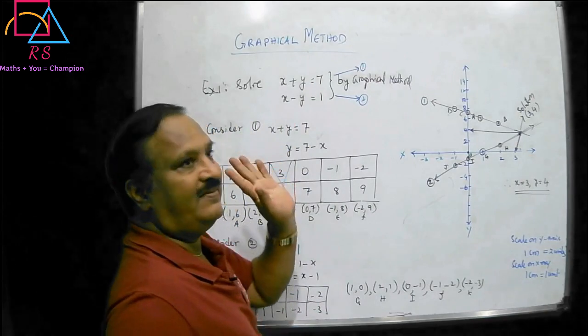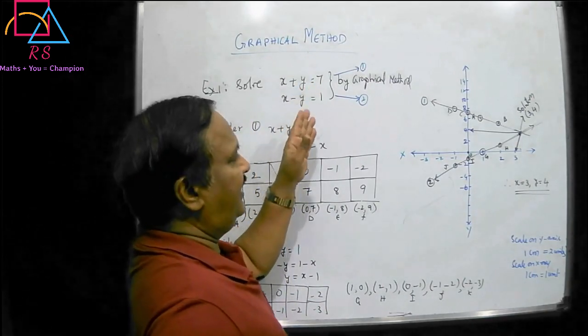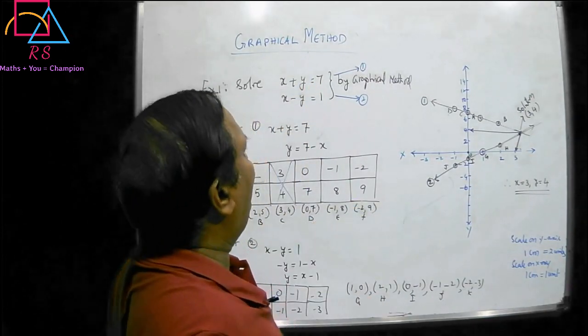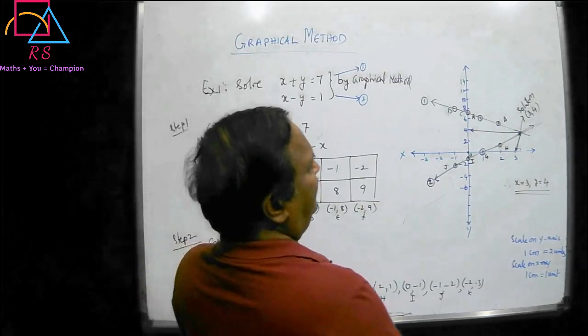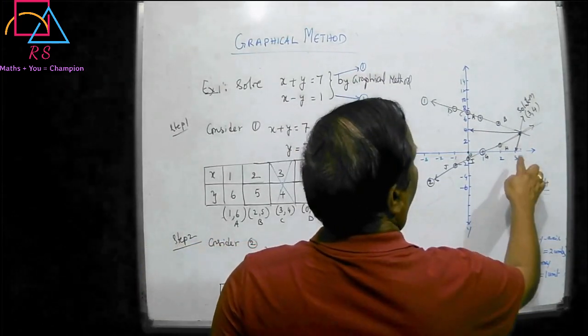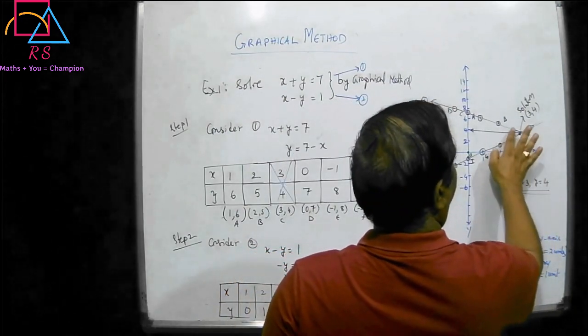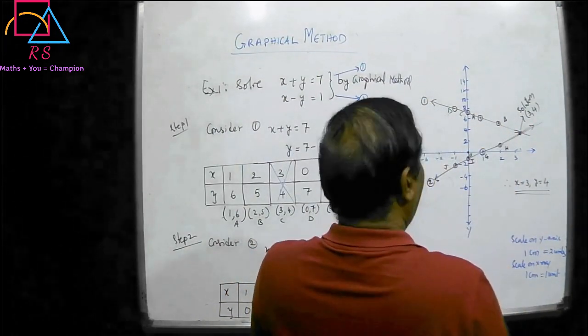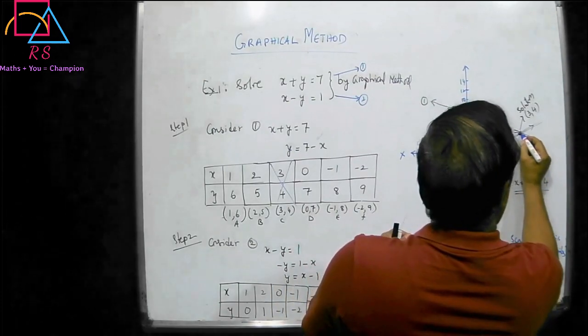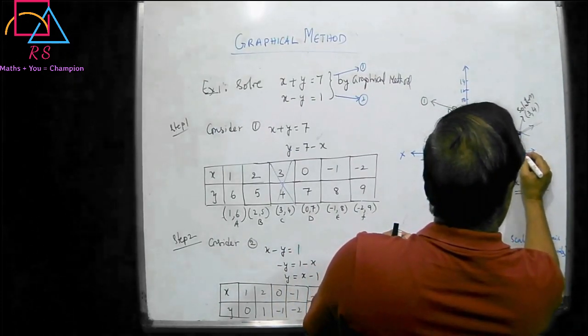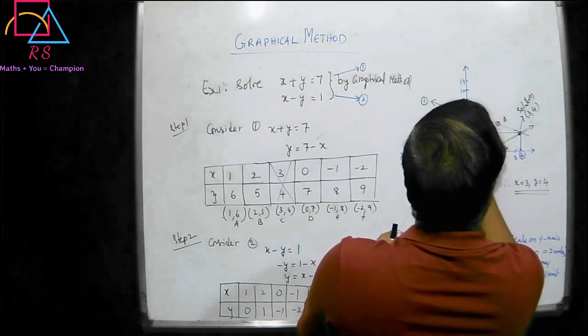3 plus 4 is 7. 4, 3. X is equal to, sorry, it should be down only. Sorry, I have manipulated it. So this will be 4 and this will be 3.